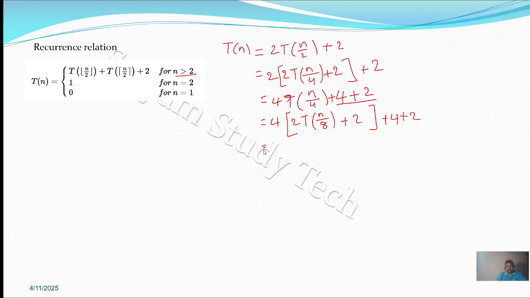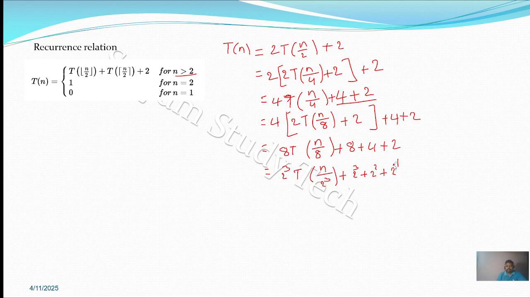You can simplify this: 4 into 2, 8T(n/8) plus 4 into 2, that is equal to 8 plus 4 plus 2. So you can write this as 2 cube T(n/2 cube) plus 2 cube plus 2 square plus 2 power 1.